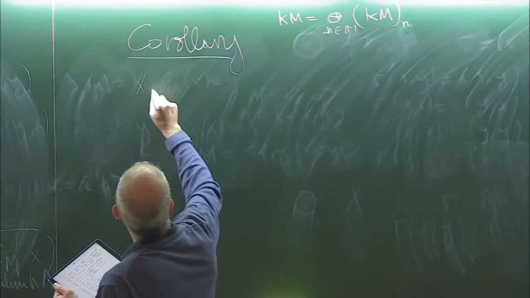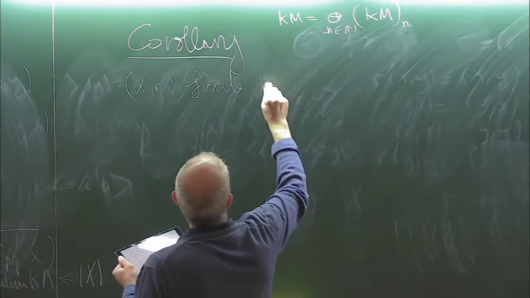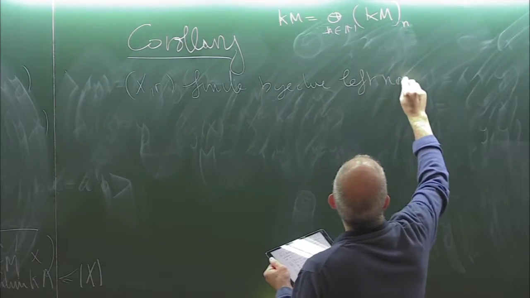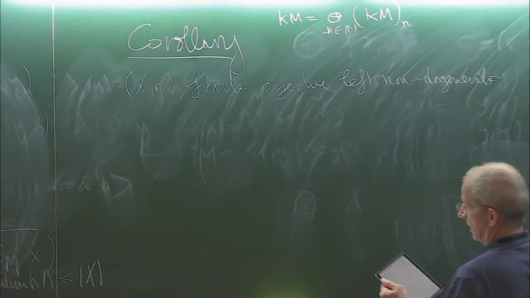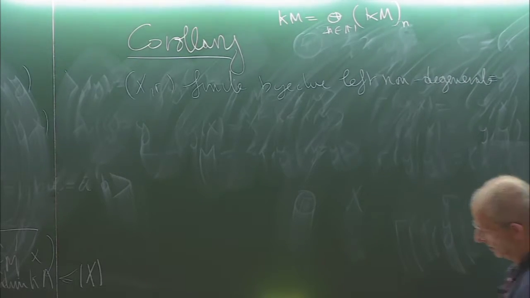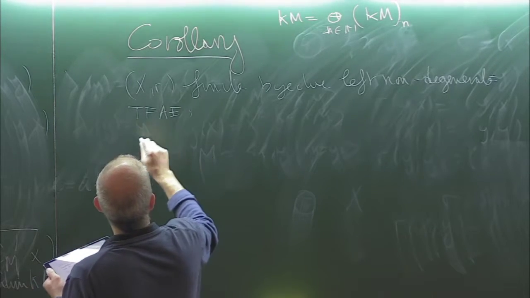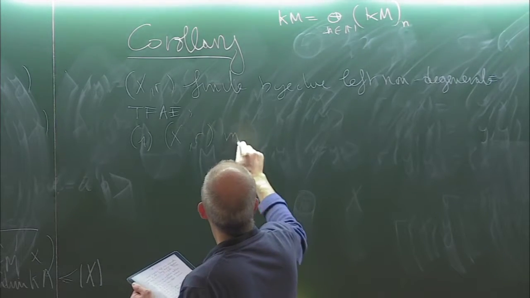So you assume here XR is finite, bijective, left non-degenerate, a solution of the Yang-Baxter equation. Then the following are equivalent. XR is involutive.